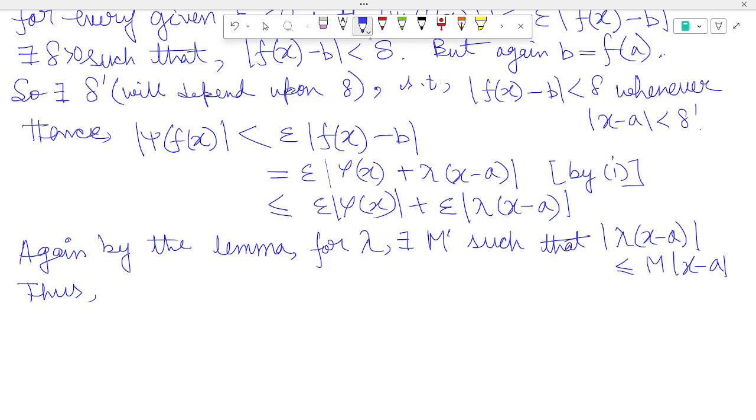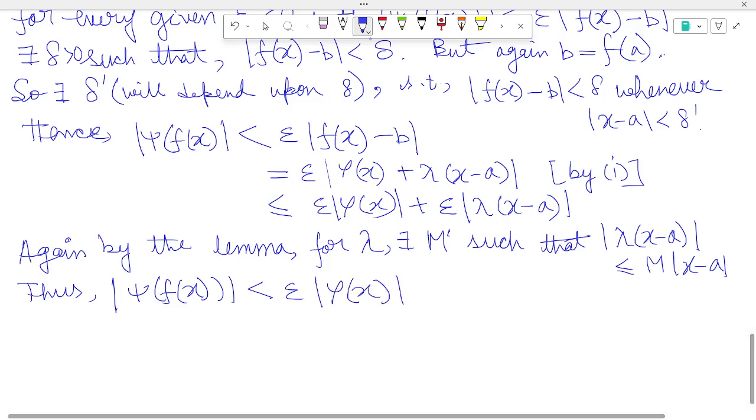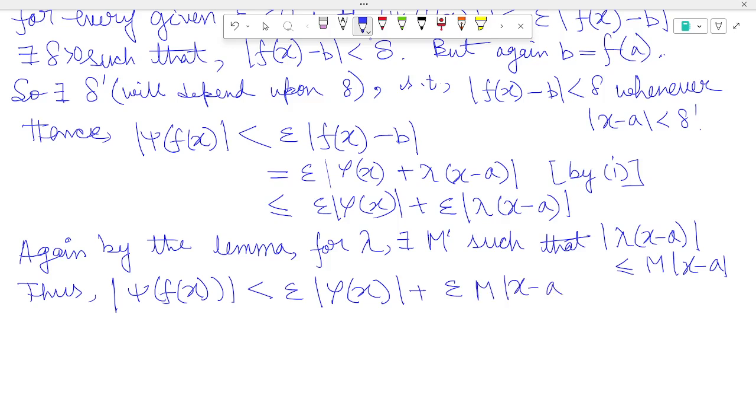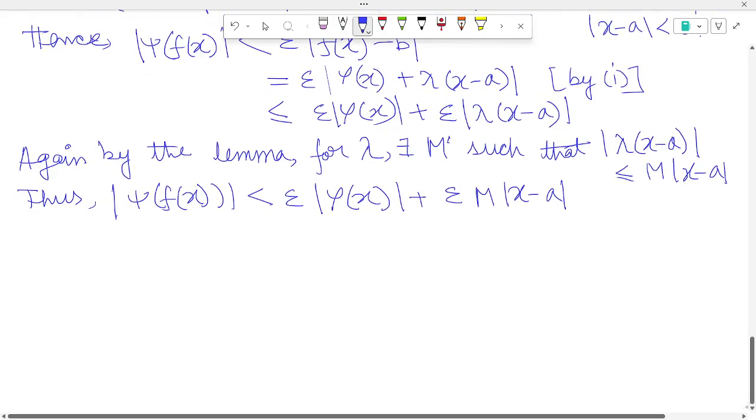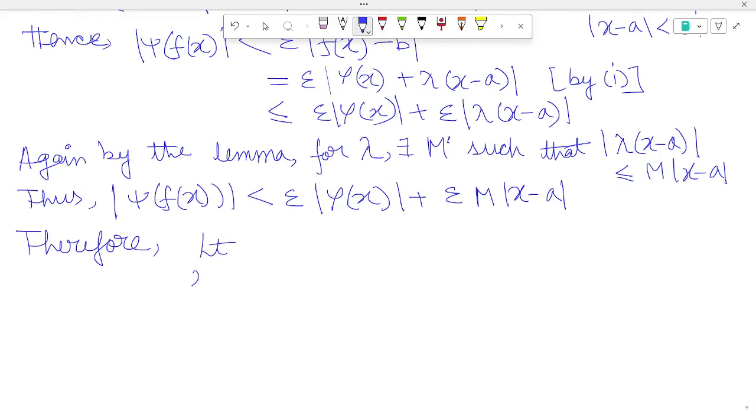Thus what we are getting, now, therefore, take the corresponding ratio, limit x tends to a. This will be split.